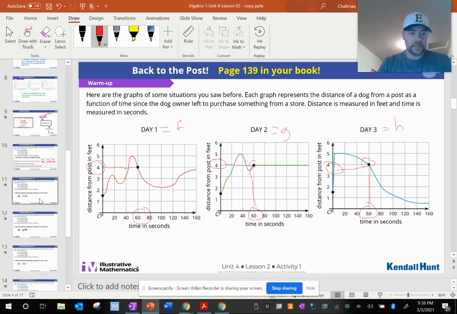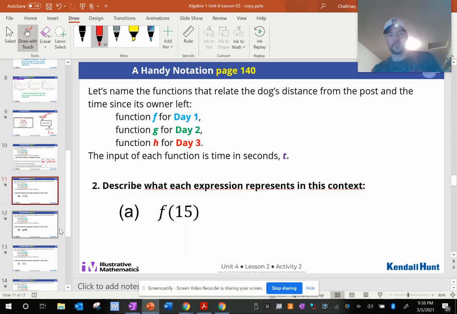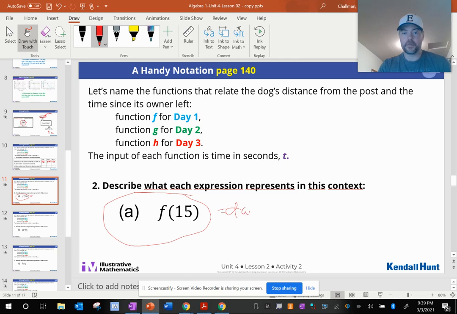Let's look at some values. For instance, what does f of 15 mean in this case? Well, f means day 1, right? So we're going to say day 1 at 15 seconds, the dog was... I don't know how far away he was, not that far.